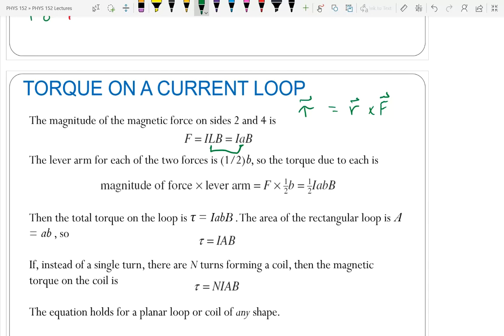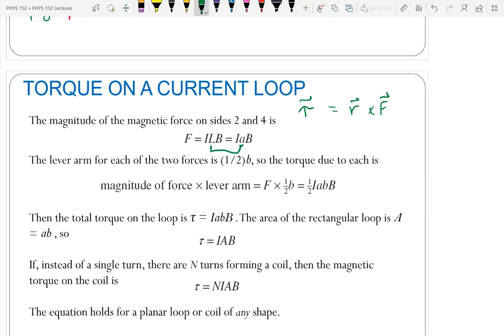And then the torques, keep in mind, all of the angles were 90 degrees in my calculation here. The torques were force times 1/2 b, because b was the entire width and it was from the axis of rotation out.